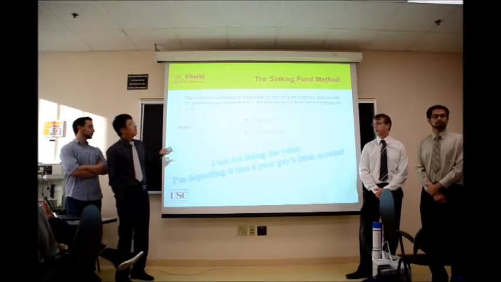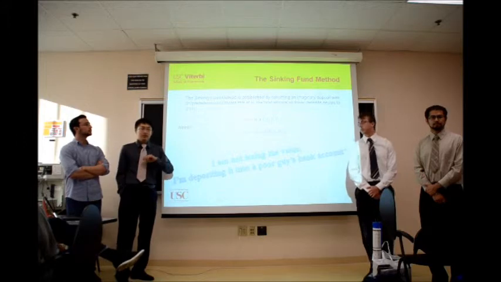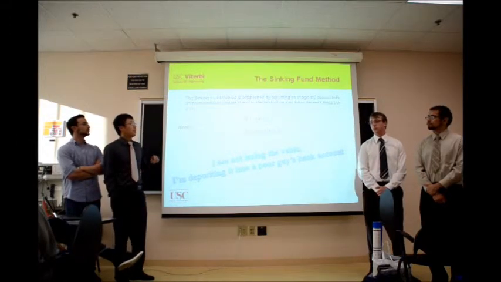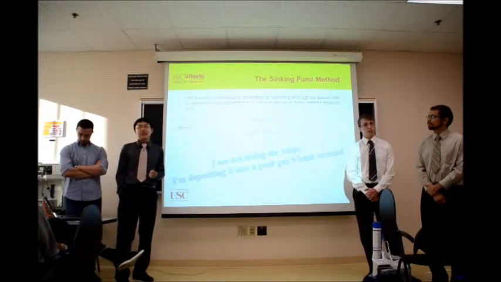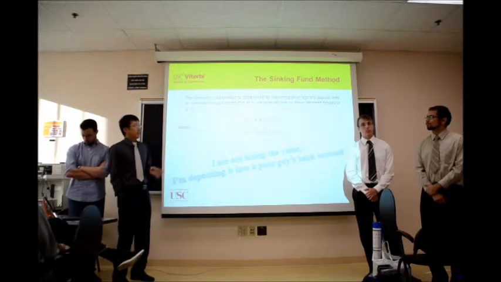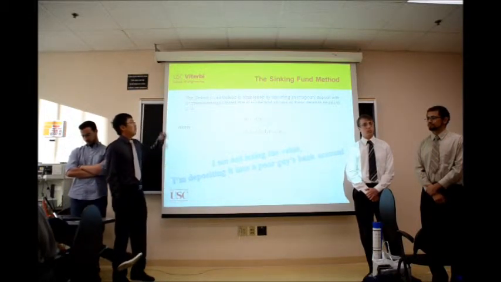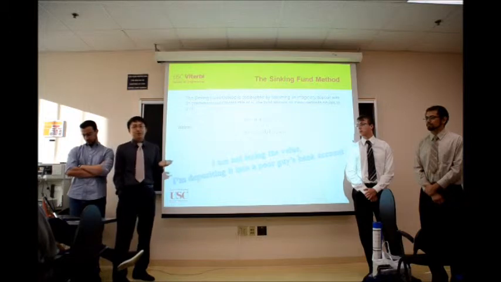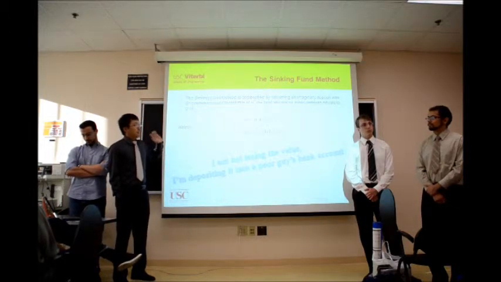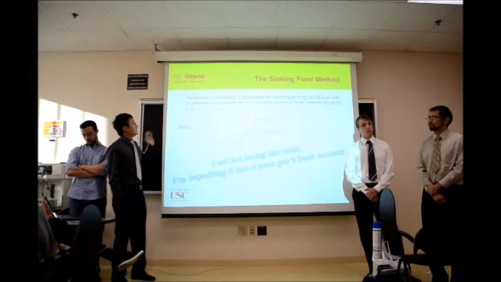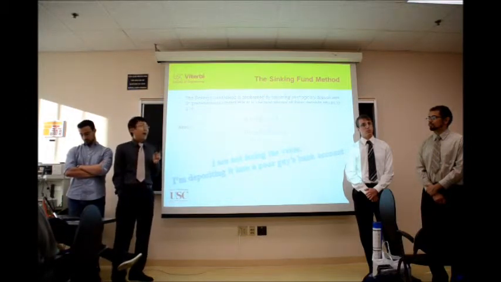But here, the sinking fund is a totally opposite thing, in that the depreciation happening in the early time is less than that happening later. This method is established by assuming an imaginary deposit with a predetermined interest rate of i.